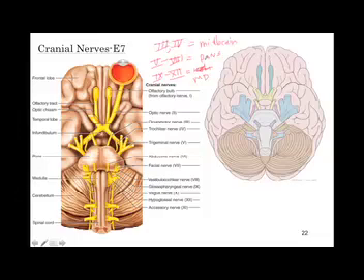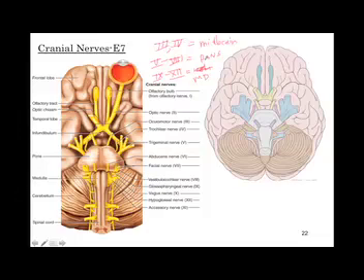Now what that means is that if it's a sensory fiber, the sensory fibers will end at these structures. If we're talking motor fibers, those motor fibers will begin at that brainstem structure. So if we take something like the vagus nerve, which is a mixed nerve, it has both sensory and motor.